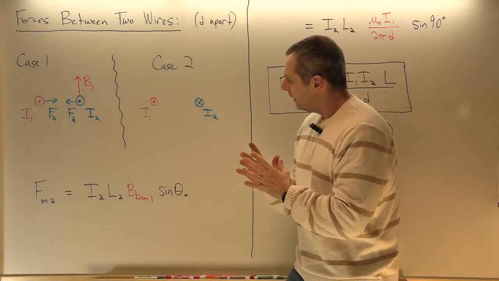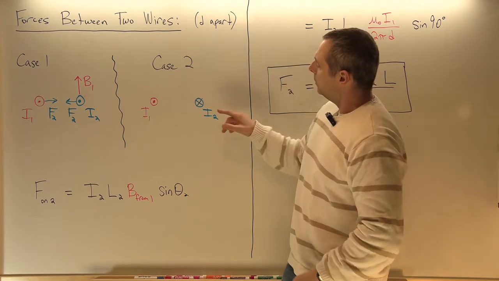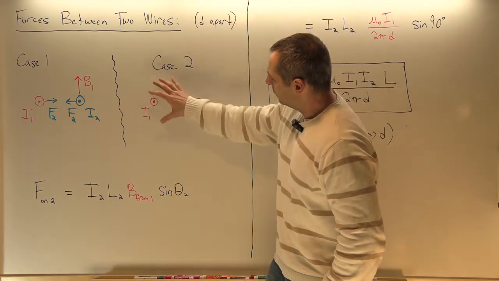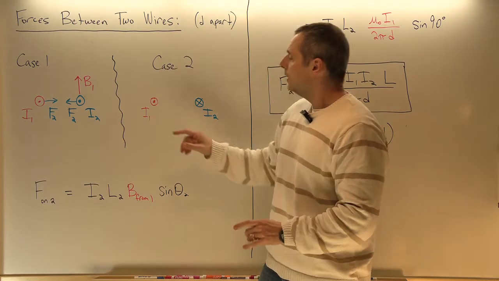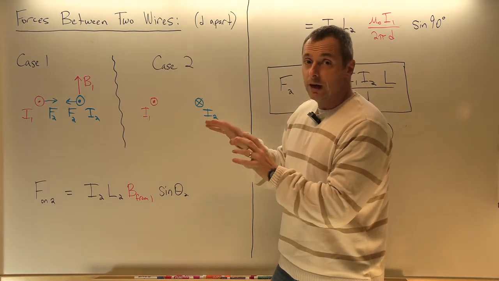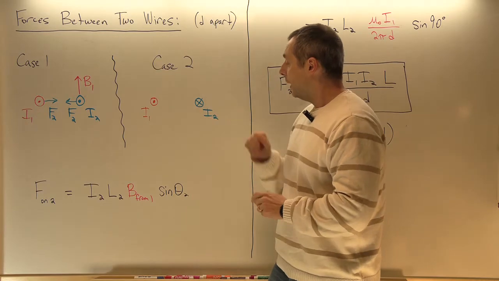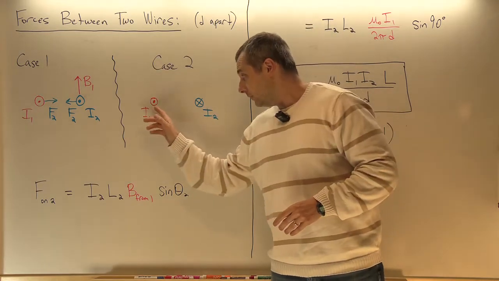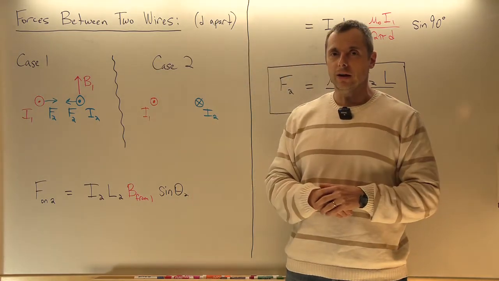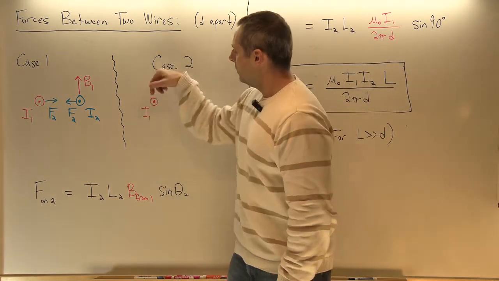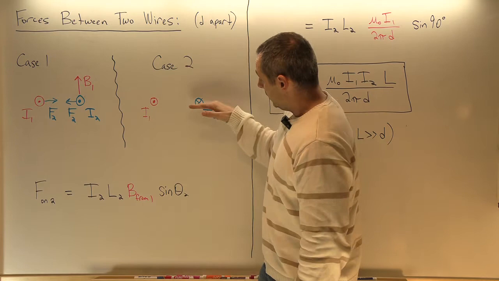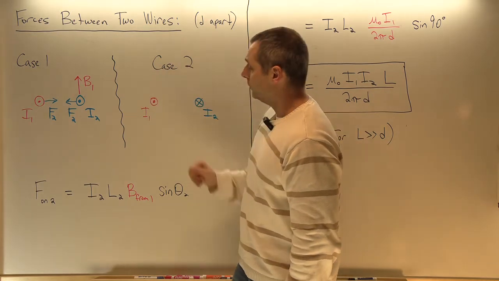So once again, maybe what we'll do is do it the other way. Let's figure out the force on this one. So at this location, I'm going to create a pause, figure out the direction of the magnetic field caused by wire 2 at the location of wire 1. So go ahead and do that now. All right, so your 2 choices are either towards the top of the screen or toward the bottom of the screen. The radius vector, so we got to go 90 degrees from that.